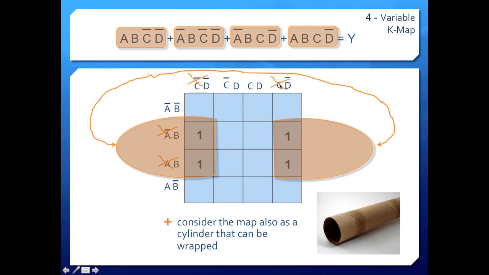After I do that, you can see I'm left with B on this side and D naught on this side. So I'm ANDing those, and as I said before, I'm not left with any OR. So it's a very simple expression when you compare it to the original one.